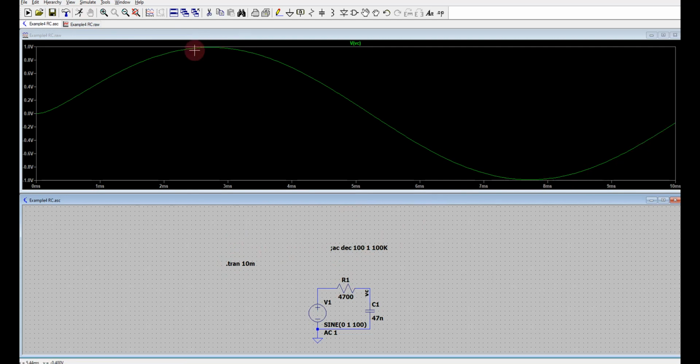So the entire 1 volt signal comes here without any attenuation, right.